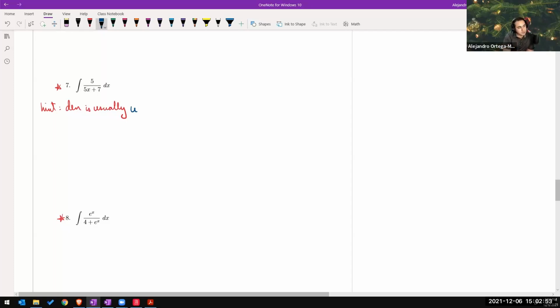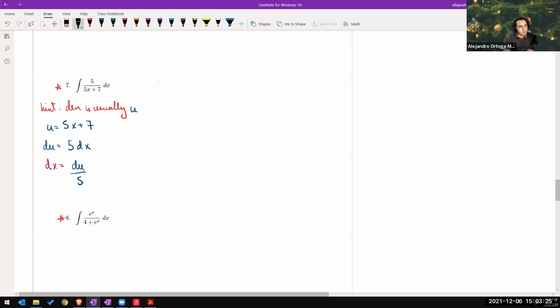All right, so I'll let u equal 5x plus 7. What's going to be the du? The derivative of 5x plus 7 is simply 5 dx. So we solve for dx, and we get du over 5. Okay. So we got the u, we got the dx. Now let's start substituting in.